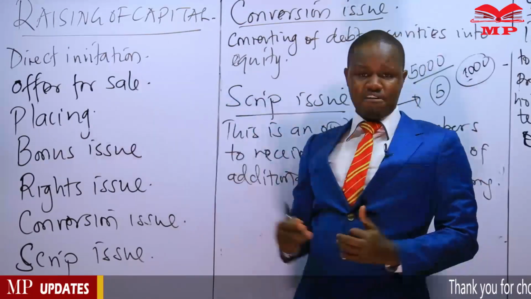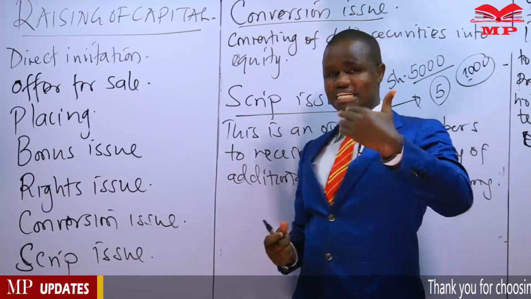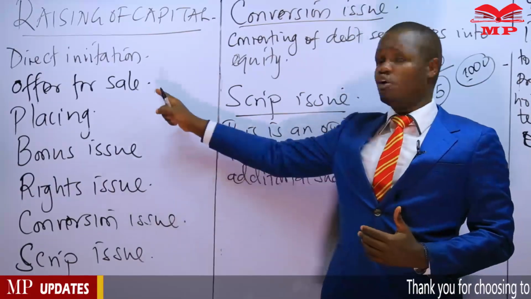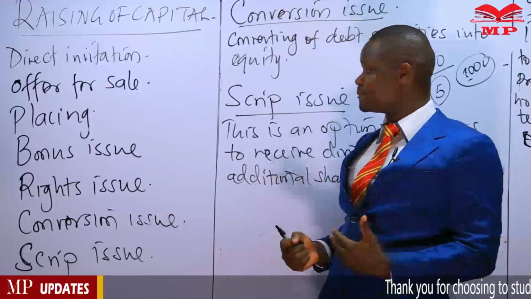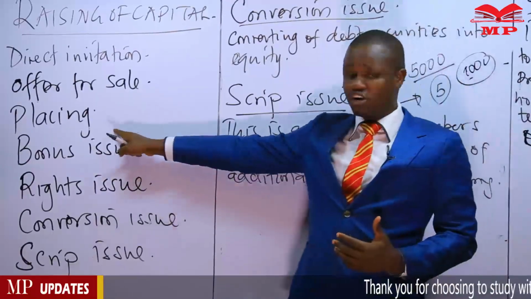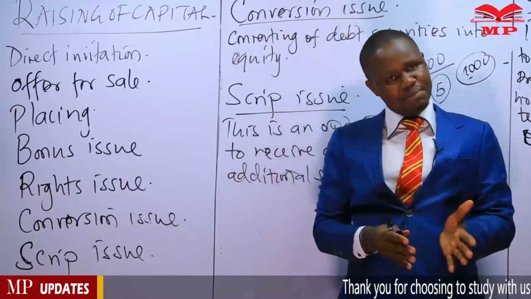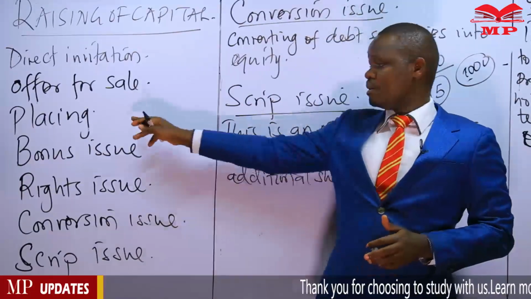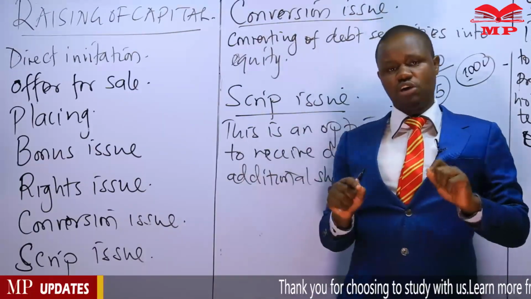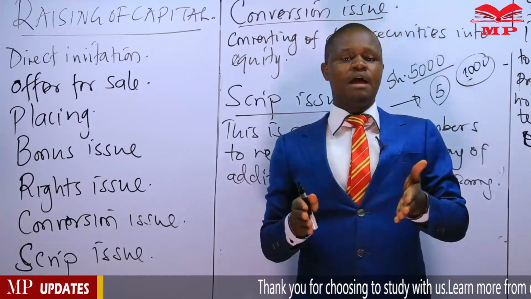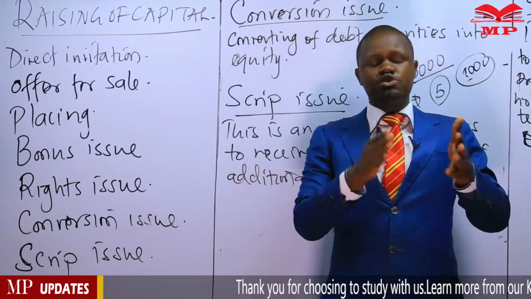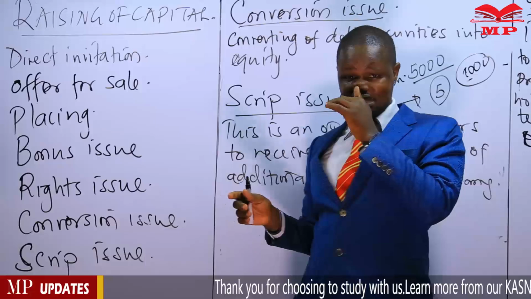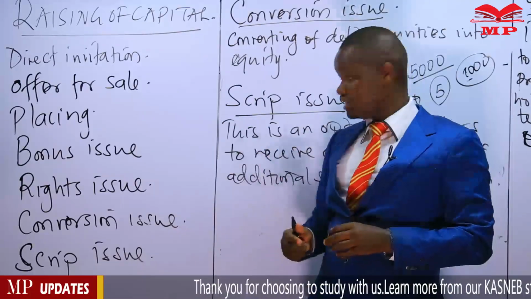We have looked at the offer for sale, where the company was transferring the responsibility of the issue to a second company. We have also looked at the placing option, where again the company transfers the responsibility to a second company, but this company does not go to the public directly. It goes to specific persons or specific investors and offers those shares to them.